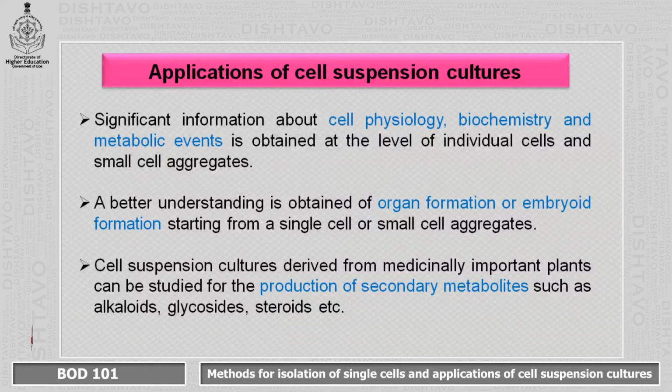A better understanding is obtained of organ formation or embryoid formation starting from a single cell or small cell aggregates. Cell suspension cultures derived from medicinally important plants can be studied for the production of secondary metabolites such as alkaloids, glycosides, steroids, etc.